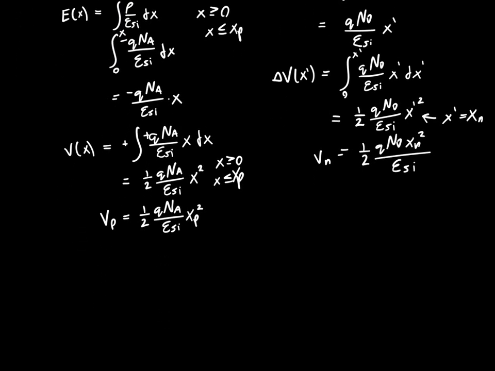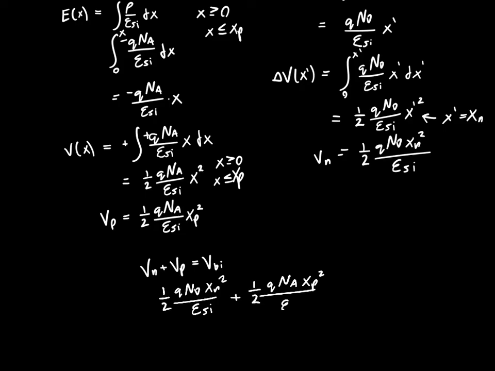so that we can get the total built-in potential VBI. So we know Vn plus Vp is equal to VBI. That's just graphically shown above. And Vn we saw was 1/2 QND times xn squared divided by epsilon silicon. And Vp is a very similar expression, 1/2 QNA xp squared divided by epsilon silicon.